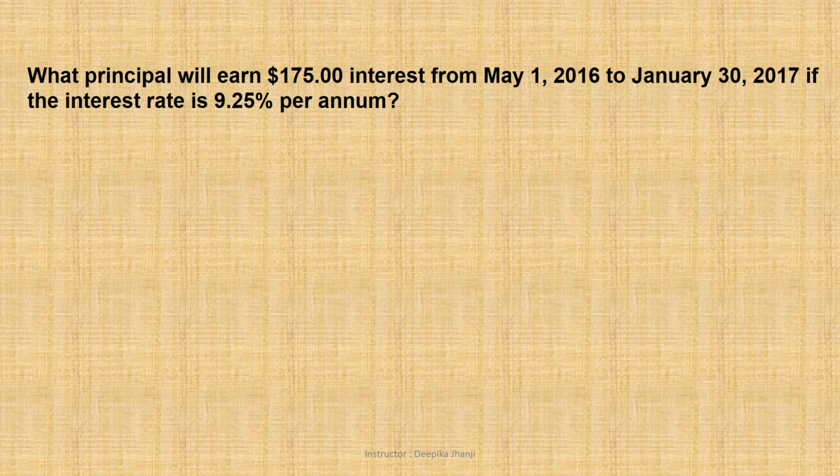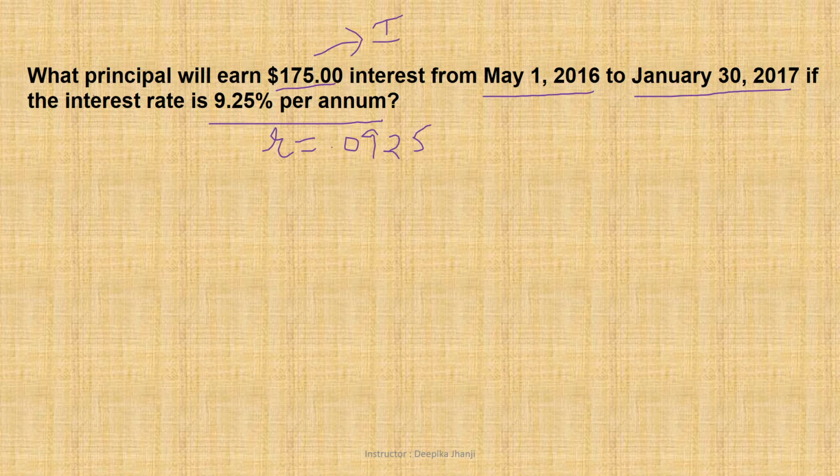Let's consider another example. What principal will earn $175 from May 1st, 2016 to January 30th, 2017 if the interest rate is 9.25% per annum? So this is our R, which is 0.0925 in decimals, right? And 175 is the interest. We need to figure out the principal.